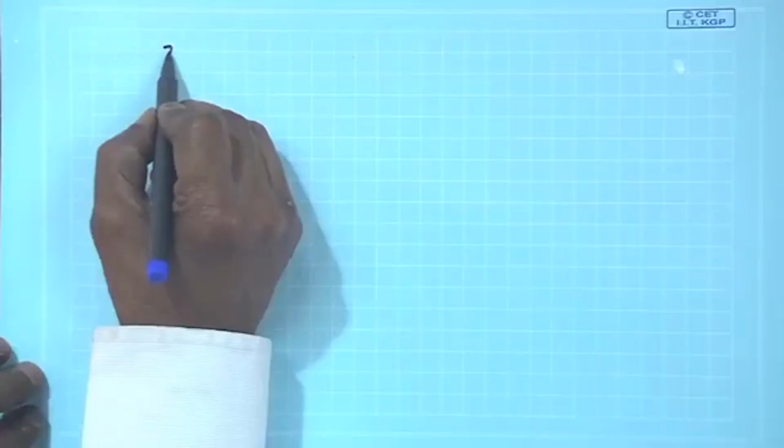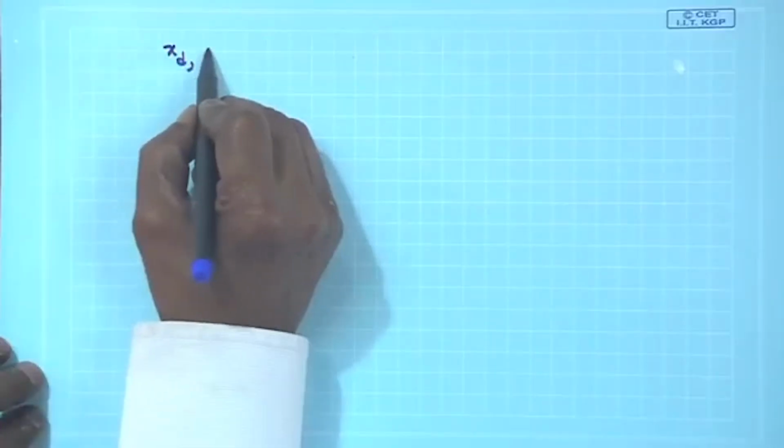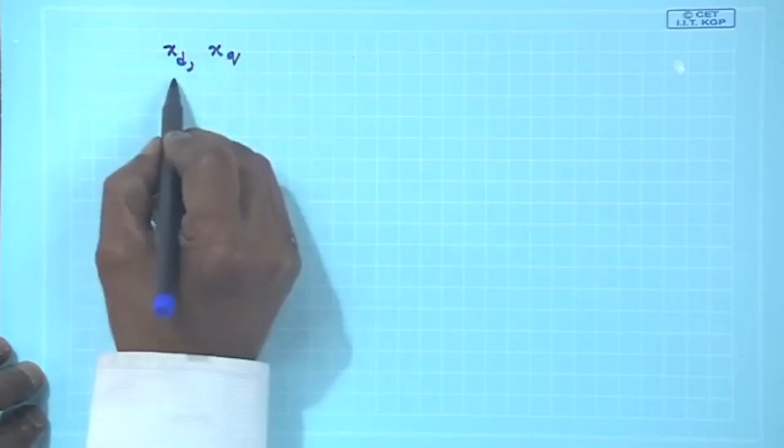It is difficult to obtain an equivalent circuit of that sort because of the presence of two synchronous reactances. One is along the d axis; these are the key words: XD and XQ. What is XD?